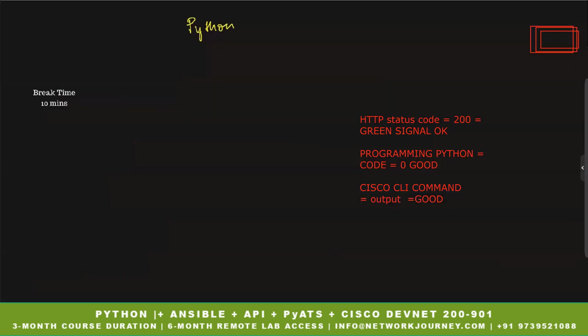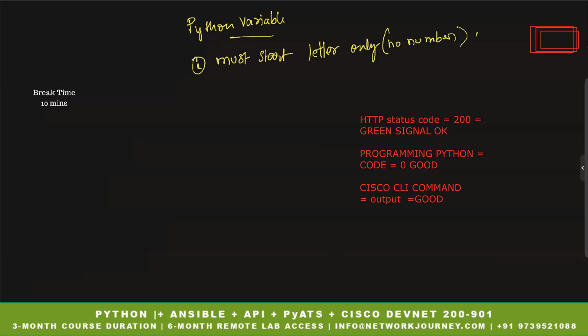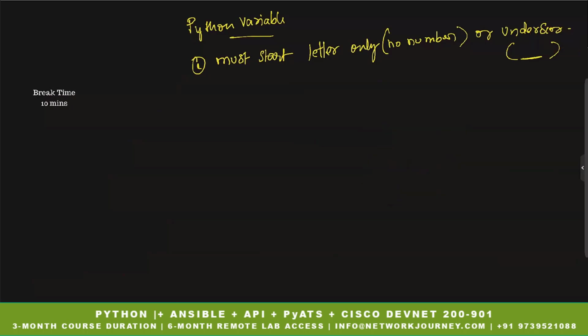So Python variables must start with a letter only, no numbers, or an underscore is allowed. So underscore is represented with this symbol.